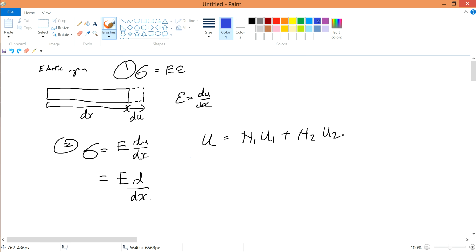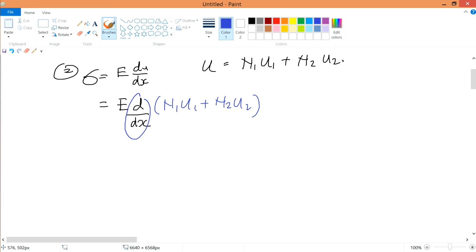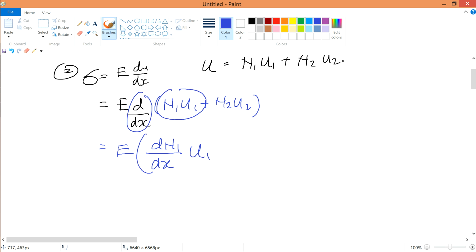After which we can multiply in the d/dx. What we have is equal to E times dN1/dx u1, which is d/dx times N1, plus dN2/dx, which is d/dx times N2, and then u2.